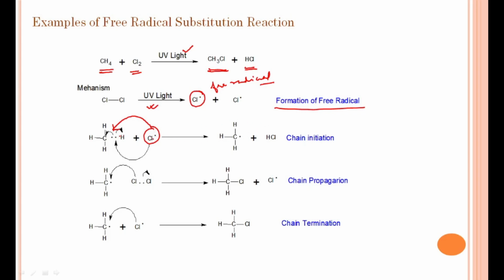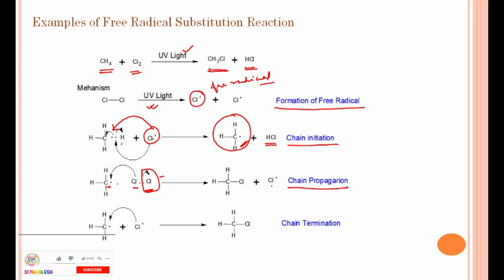When it attacks, the chlorine bonds with hydrogen, forming HCl, and it generates a methyl free radical. This step is called chain initiation. Now this free radical again attacks the chlorine. This chlorine attaches to this carbon atom, and one more free radical is generated. So this is the chain propagation step.